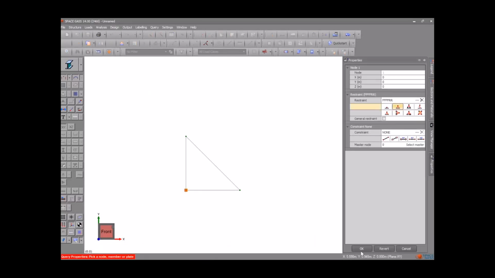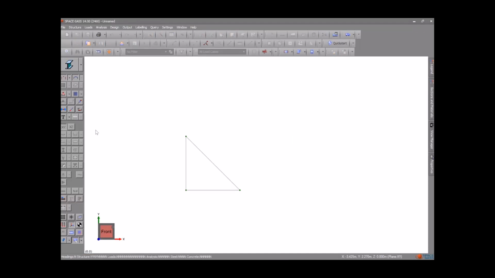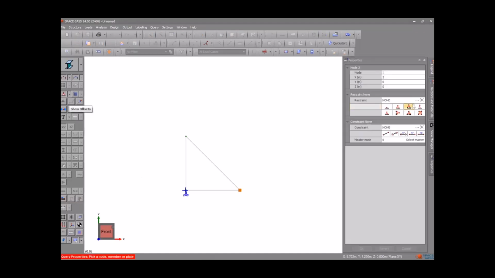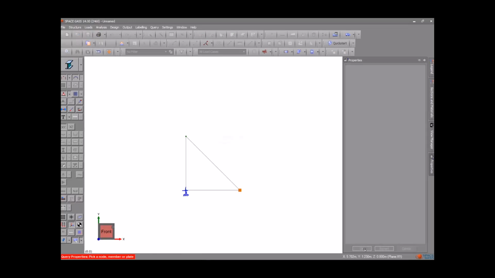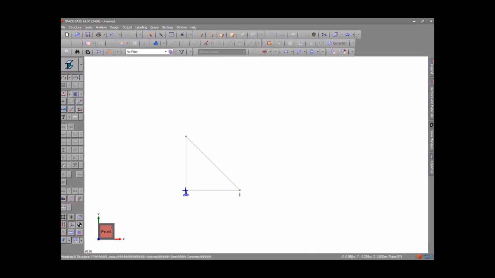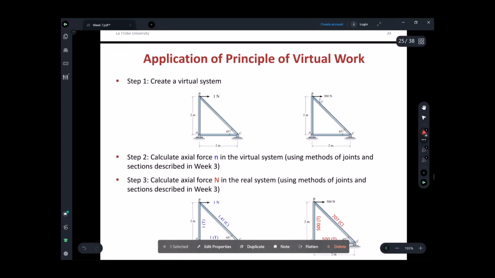If you want to show the pin support, you can just use this one, or roller supports. Here we have roller supports. Then we have 500 newtons going horizontally.